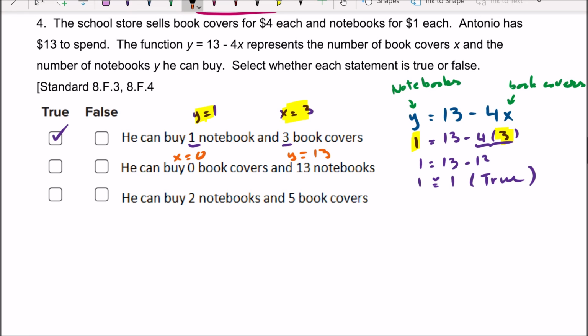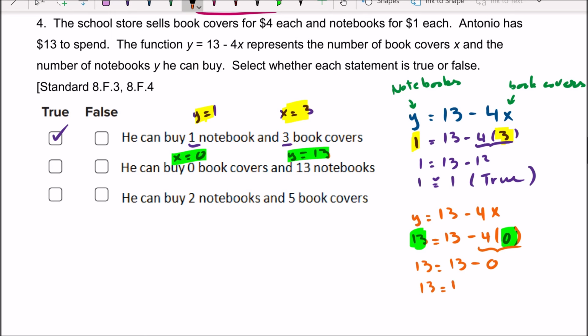We plug it in: y equal to 13 minus 4x, so 13 equal to 13 minus 4 times 0. 4 times 0 is 0, and 13 minus 0 is 13. This is another true statement, so the answer is true.